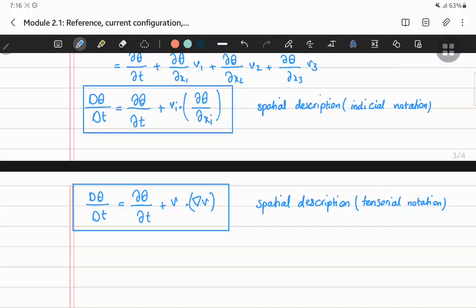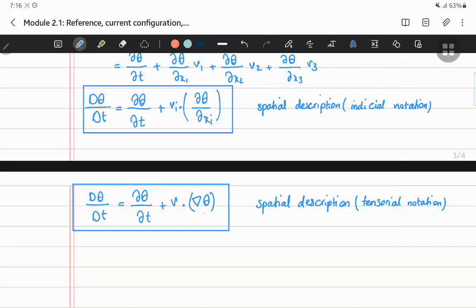If you want to use this in a spherical or cylindrical coordinate system, you have to use this tensorial notation, because the gradient of theta, which is a vector, in a Cartesian coordinate system is this, but in, for example, a spherical, polar or cylindrical coordinate system, it is different.